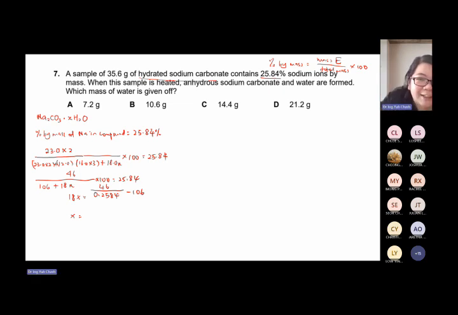I'm just rearranging. If you cannot understand this for now, later you have to write it down step by step, then only you'll be able to figure out this whole thing. But it's just a rearrangement of everything to find x.